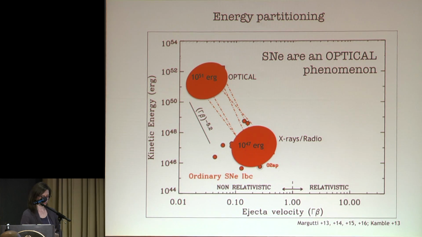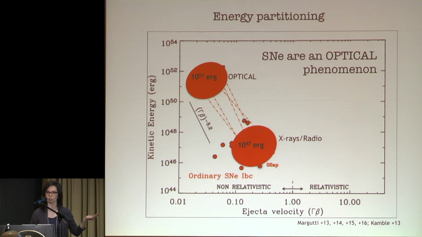By definition, we have something like 10^51 ergs in the optical emitting material, but only a tiny portion of that energy is actually released in non-thermal emission. The X-ray and radio emitting material carries something like 10^47 ergs in ordinary supernovae.